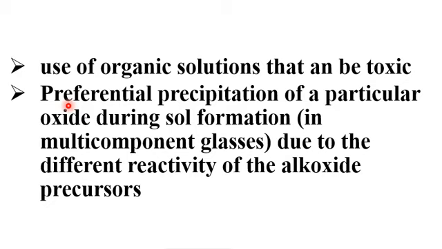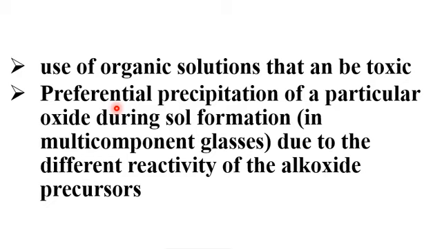Another disadvantage of the sol gel process is that the preferential precipitation of a particular oxide during the sol formation, due to the different reactivity of alkoxide precursors, may result in destabilization. So this means that the sol gel process can involve preferential precipitation, especially in a multi-component system.